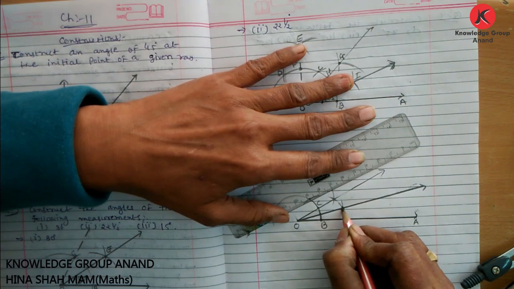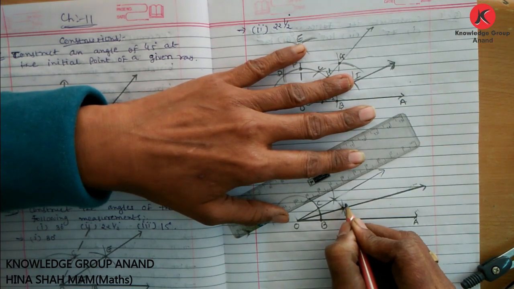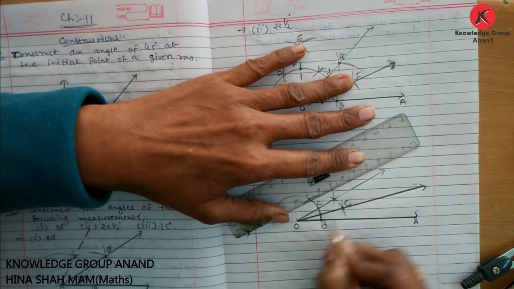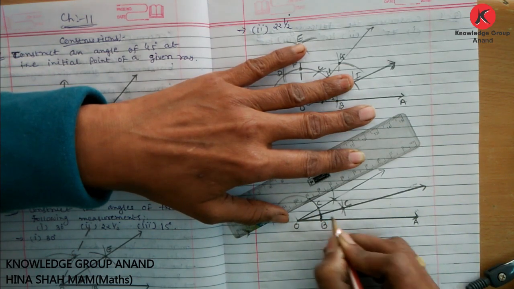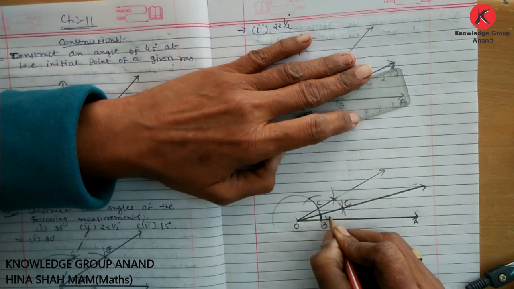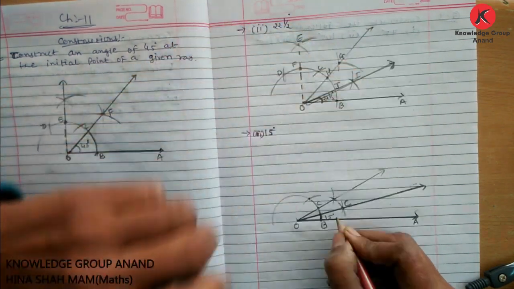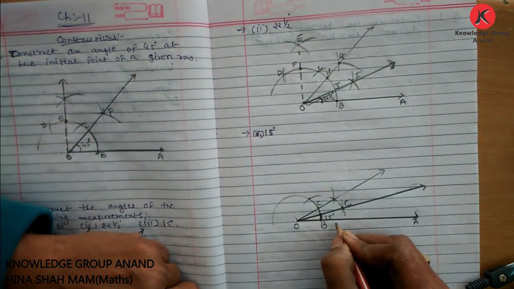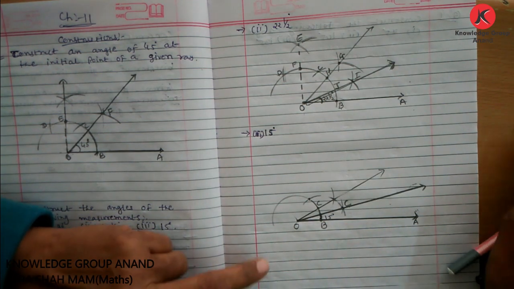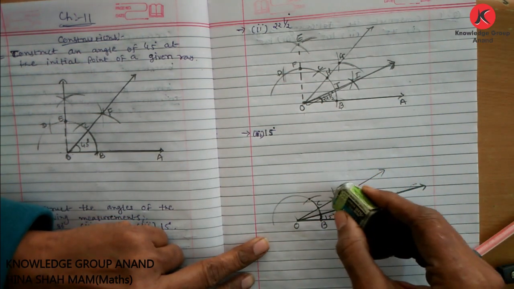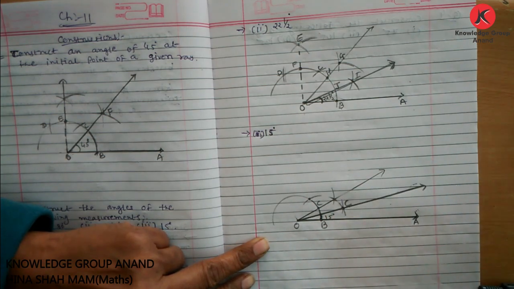Angle COA is equal to 15 degrees. This angle is equal to 15 degrees.